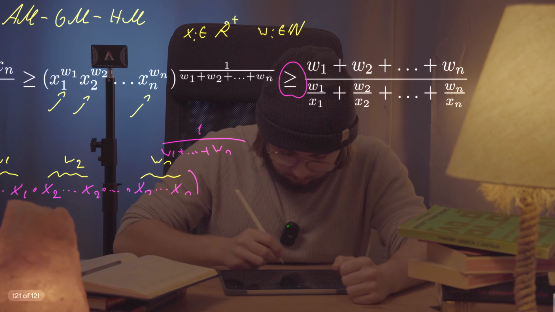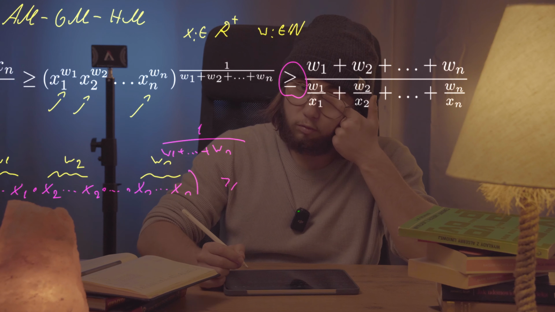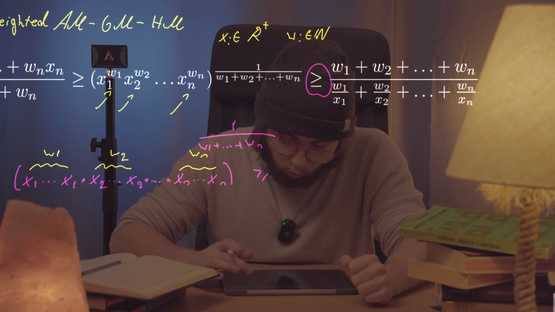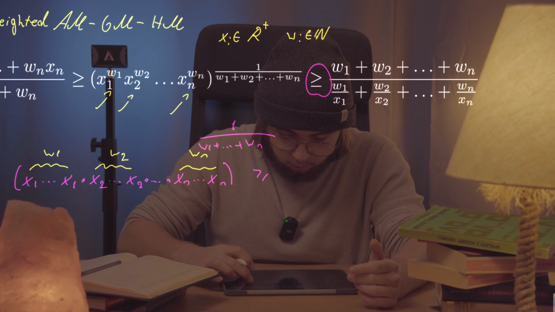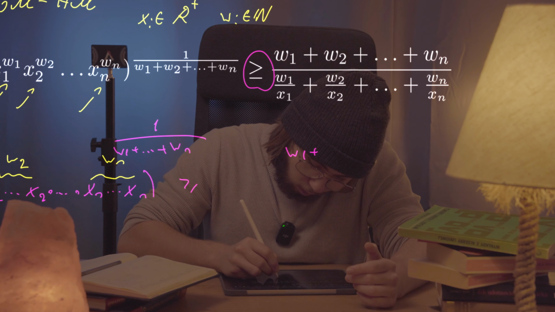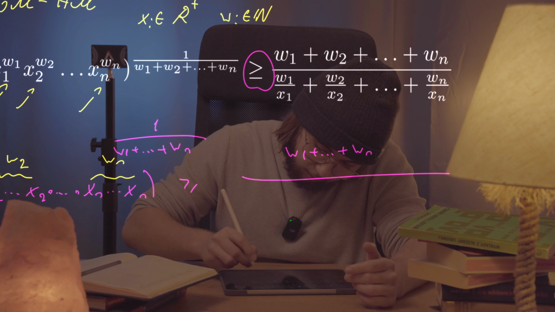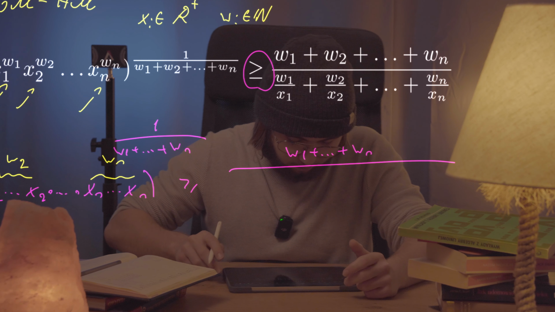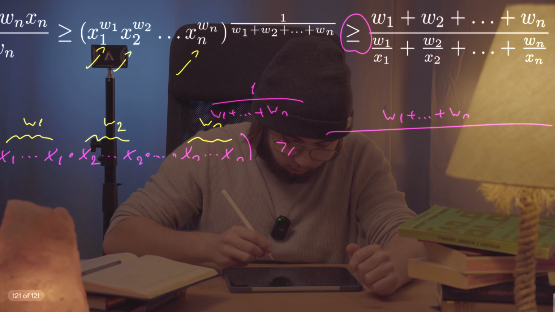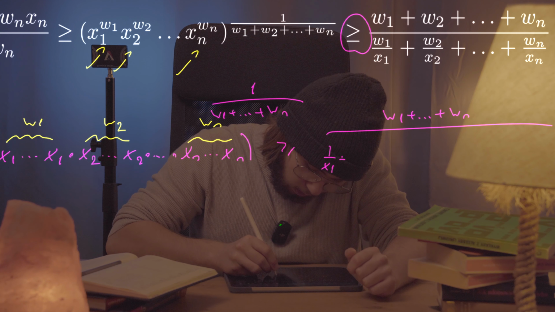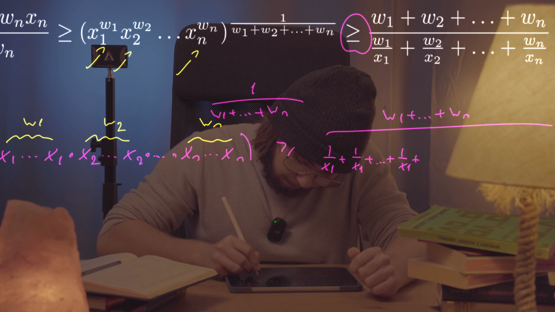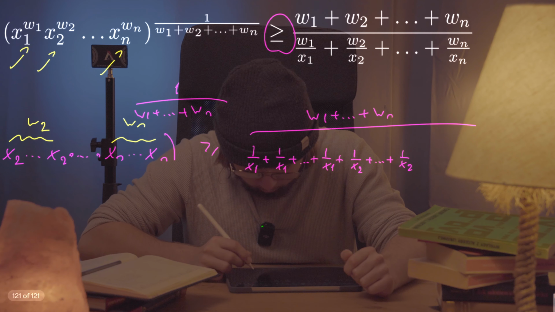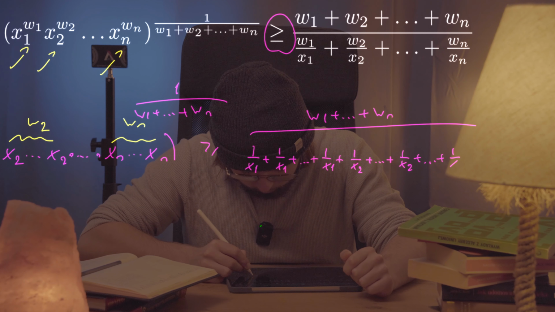That's going to be greater than or equal to, by the regular AM-GM inequality, the sum of all of those weights, so w1 all the way up to wn, divided by the sum of the reciprocals of those numbers: 1 over x1 plus 1 over x1 all the way to 1 over x1, then 1 over x2 all the way up to 1 over x2, and then all the way up to 1 over xn.